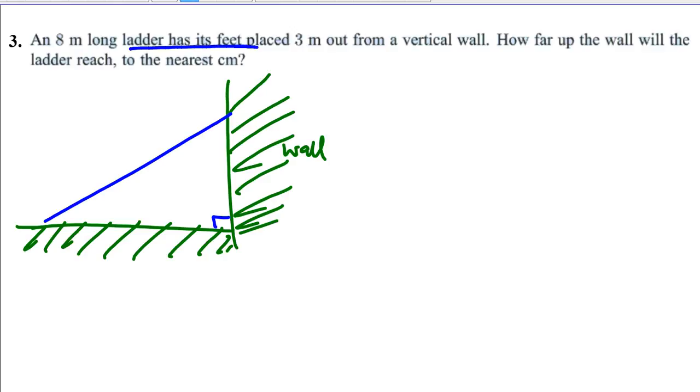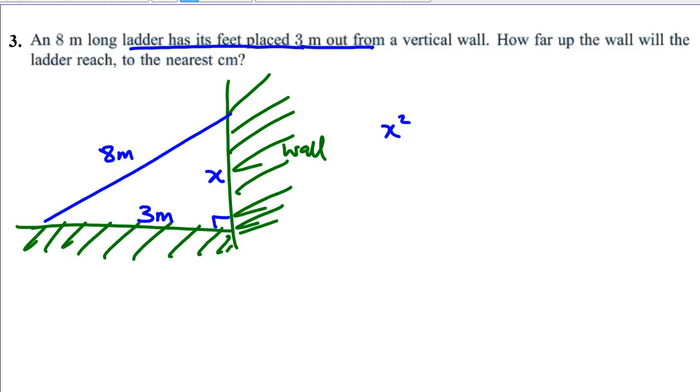The ladder has its feet placed 3 meters out from the wall, so that will be 3. It's 8 meters long. Now, how far up the wall will the ladder reach? So suppose the height is x. We can use the Pythagorean relationship to find the missing length of this right angle triangle. Because x is the shorter side, remember what we said previously: when you're finding the shorter side, you subtract.